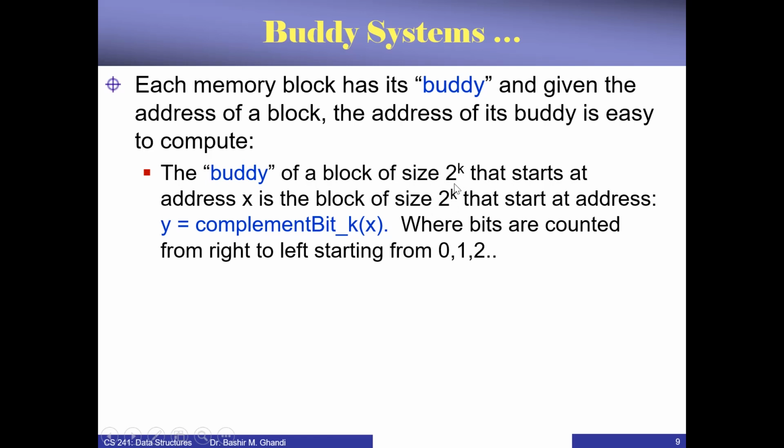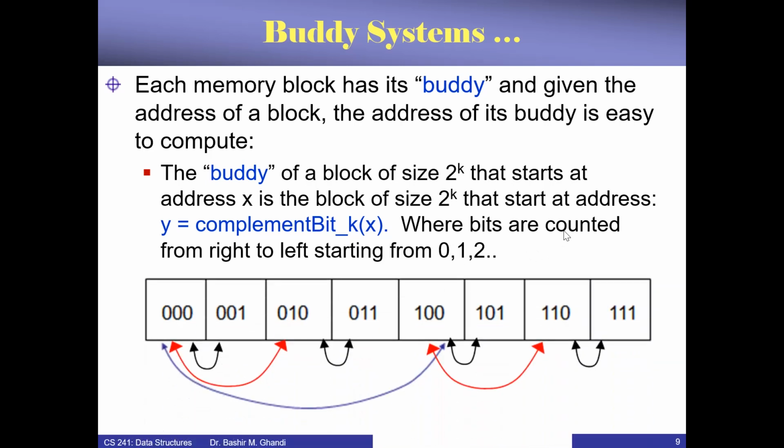Well, to get the address of the buddy B, all you need to do is take the address of A and complement bit number k, where bits are counted from right to left, starting from 0. So in the bits representing the address x, you start counting from right to left, starting from 0 until you reach k. The k-th bit is the one you should complement to get the address of the buddy.